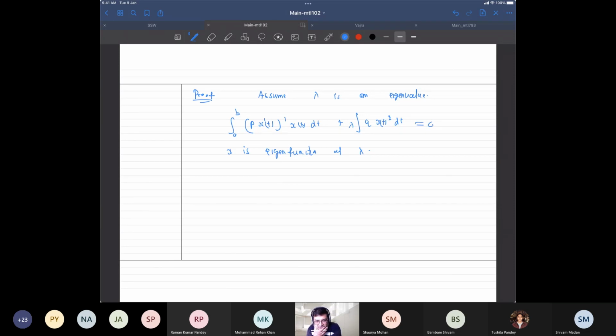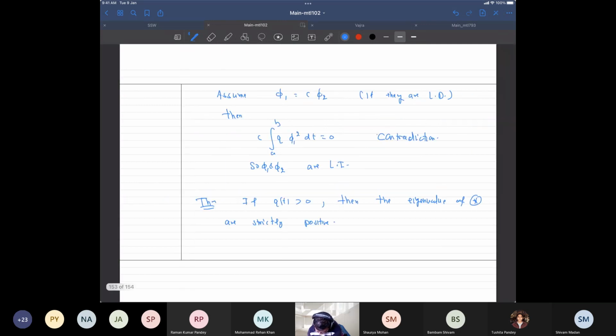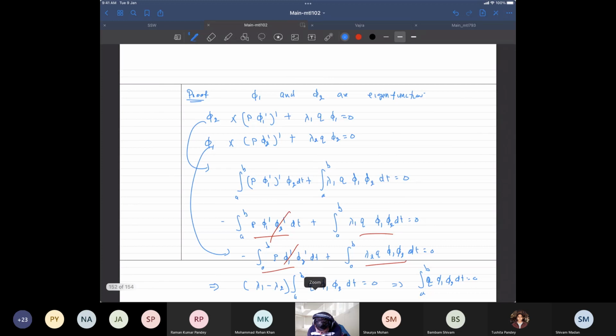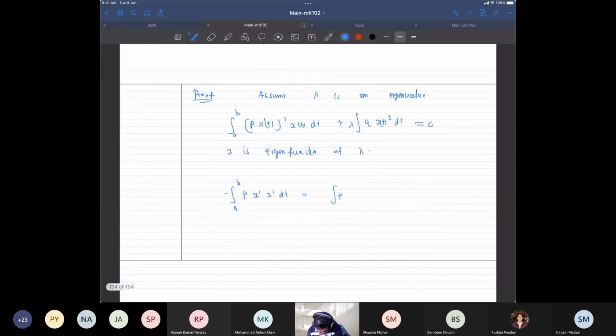This just follows from the definition. You do integration by parts and use boundary conditions. Then this side, if you bring it here, integral a to b, there will be a negative sign, minus p x prime square dt.